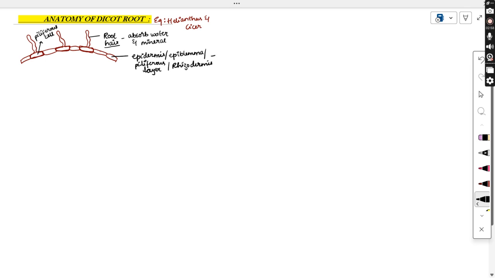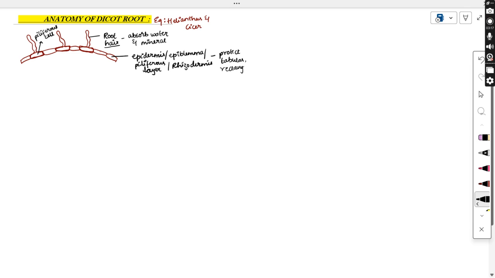The main function of this epidermis region is to protect the inner tissues. So how are these cells present? These cells are either tabular or rectangular.